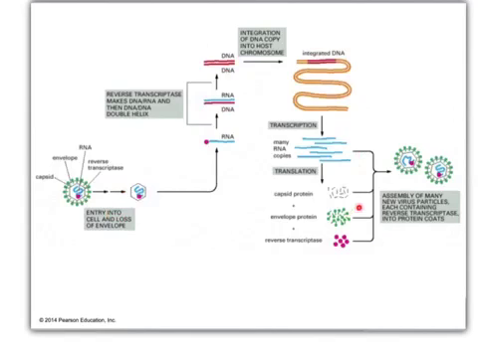You end up with capsid proteins, envelope proteins, and the reverse transcriptase, which all get packaged into a new complete mature virus, which can then be enveloped and sent off, assembled, and released to infect more cells nearby.